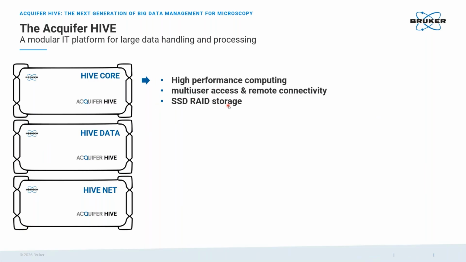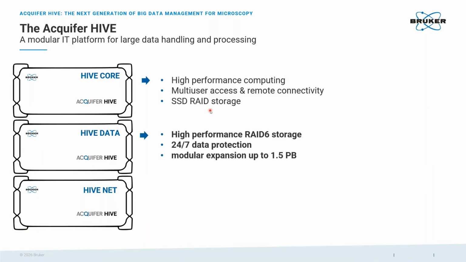It provides multi-user access and remote connectivity, and is already equipped with a very fast SSD RAID storage, providing you high I/O for any kind of processing tasks or visualization tasks. The second main module is a Hive data, which is our storage module, which comes with a high-performance RAID 6 storage.